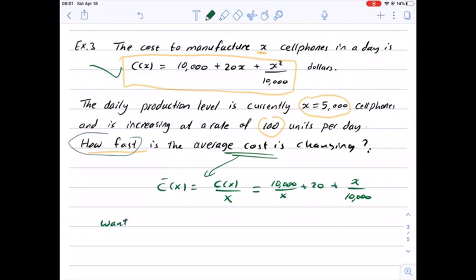So we have this basic function. Now we want to find how fast the average cost is changing. That means we want to find the derivative of this with respect to time, or with respect to x in this case.